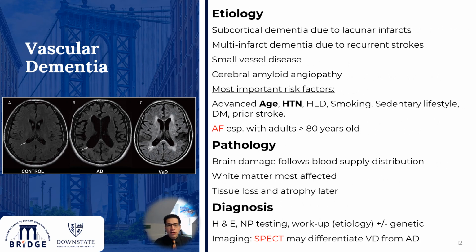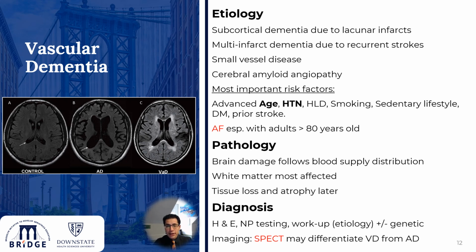The etiology of vascular dementia depends on the type of infarcts or hemorrhages that are affecting the brain. With lacunar infarcts, the presentation may look like a subcortical dementia. Recurrent strokes may cause multi-infarct dementia with a stepwise decline, whereas small vessel disease usually leads to this chronic, gradual decline in cognition and mood, and it presents as white matter hyperintensities around the ventricles on brain imaging.